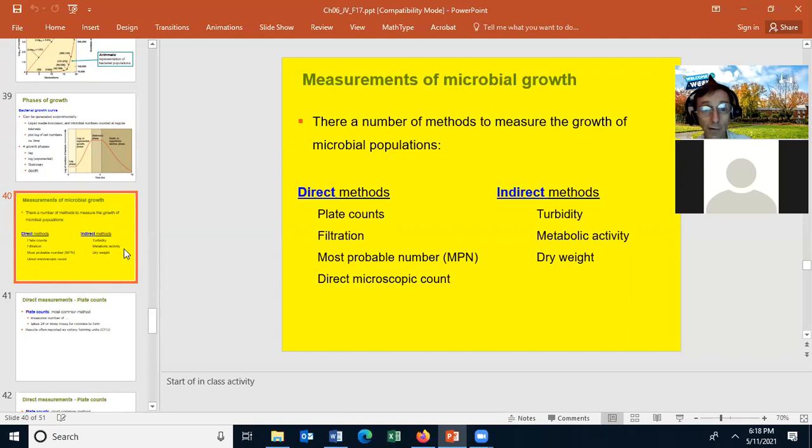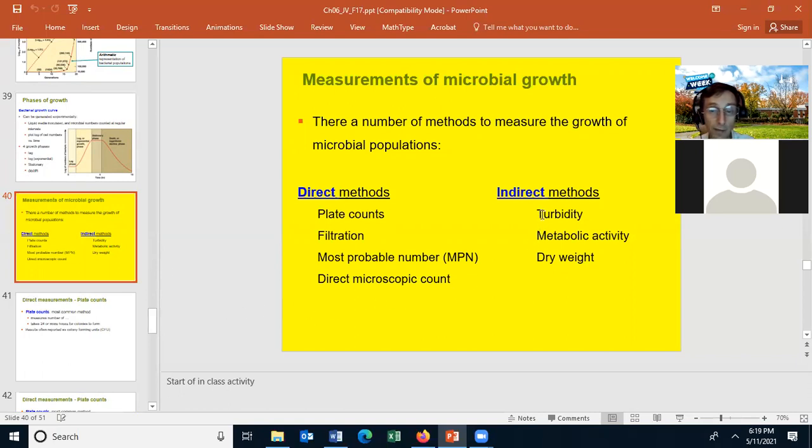There are different methods for measuring the growth of microbial populations. There are direct methods and indirect methods. The direct methods include the viable plate count, the filtration method, the most probable number method, and then the direct microscopic count.